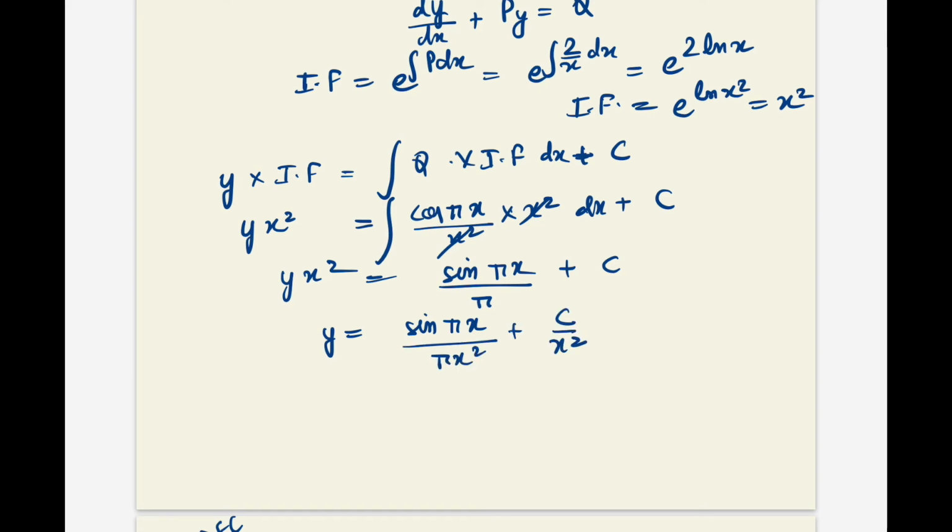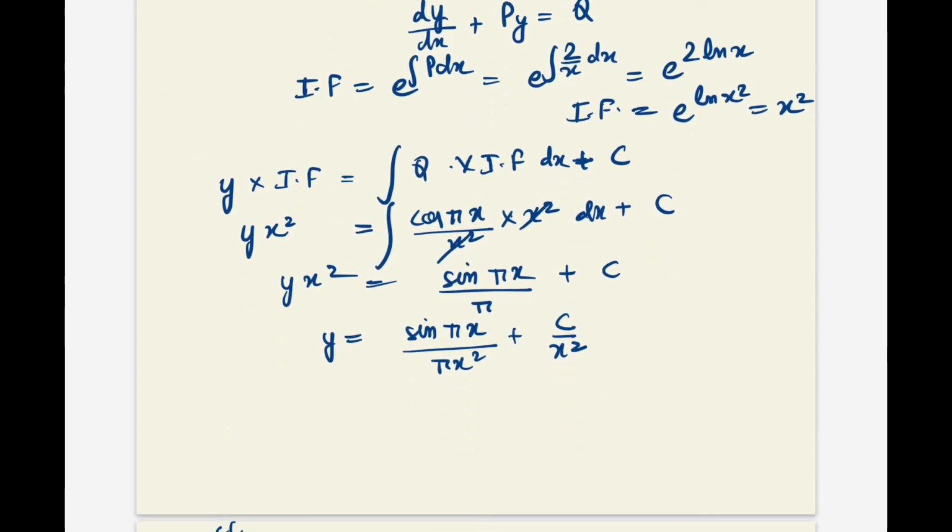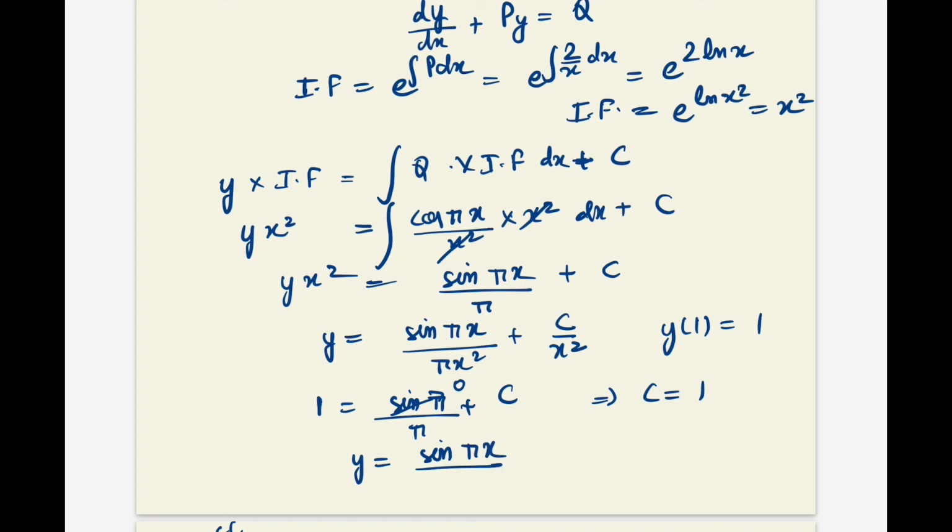Dividing the whole equation by x square, y equals sin(pi x) by (pi x square) plus c by x square. Now the boundary condition is given as y of 1 equals 1. So 1 equals sin(pi) by pi plus c. Sin pi is 0, so c equals 1. So the solution will be sin(pi x) by (pi x square) plus 1 by x square.